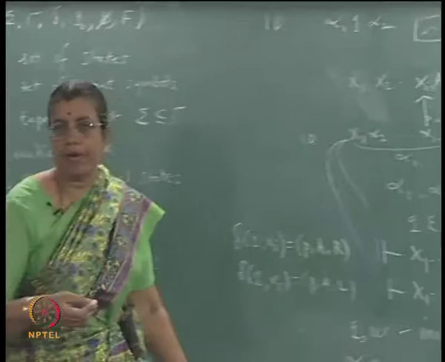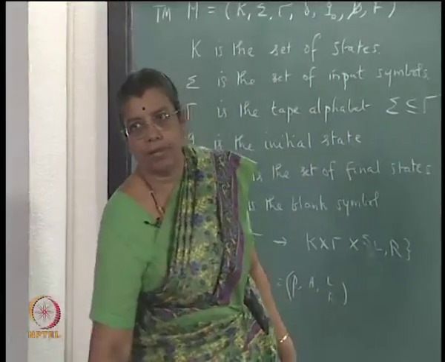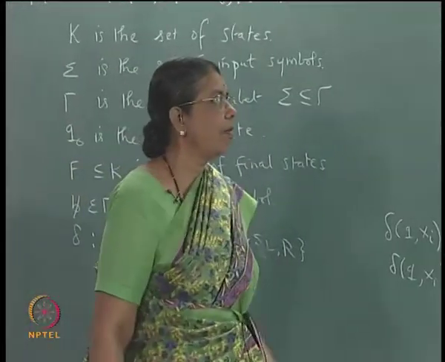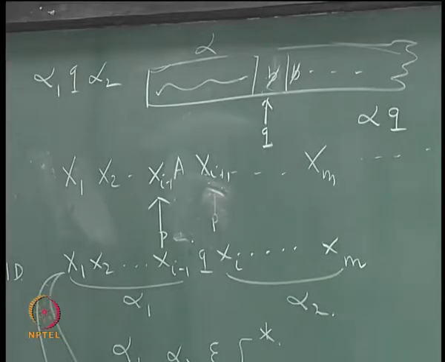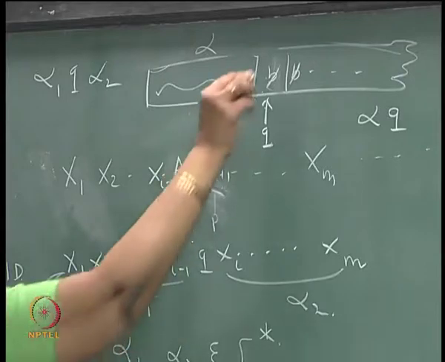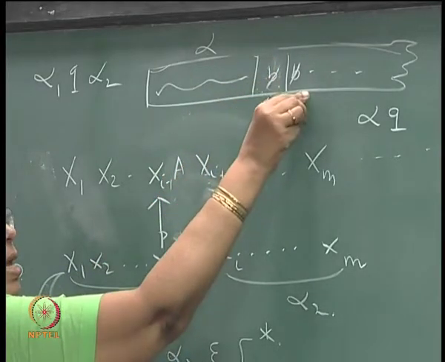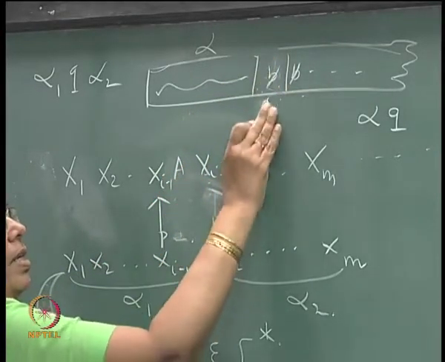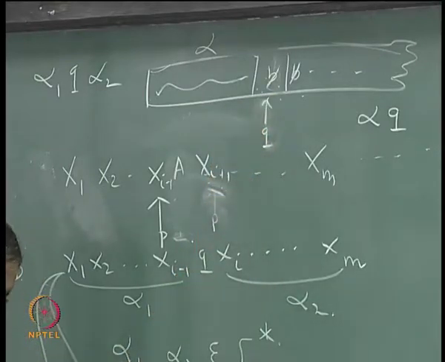Here alpha 2 is epsilon, alpha 1 is alpha.